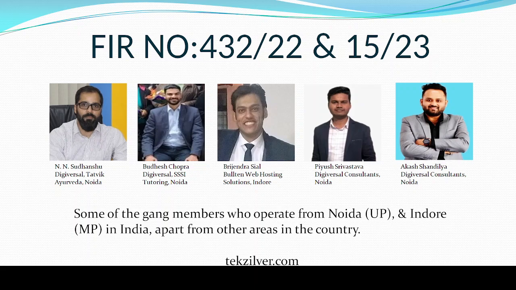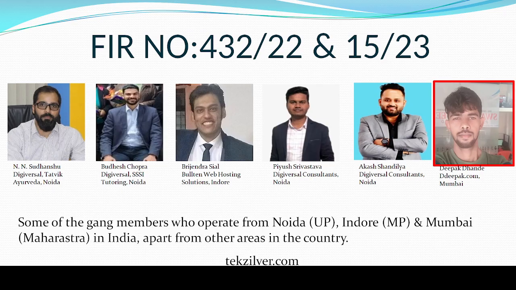So these are the original bunch of people that we've been tracking. There were five of them. Now there's going to be a sixth person as well. So we've added them here. This is the guy on the far right, Deepak Dhande, the Mumbai character. So this is what our crooks gallery is looking like at this point of time.